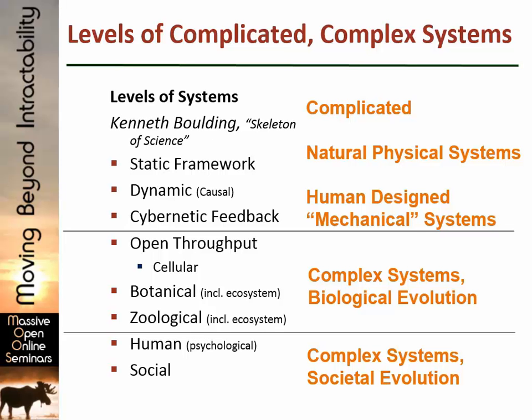At the next level, you get throughput systems, botanical and zoological systems, where you've gotten into complexity. Here you're talking about the organic metaphors of the biological world and biological evolution. And then at the next level, when you pick up human systems and social systems, you add the additional level of societal evolution and societal complexity.